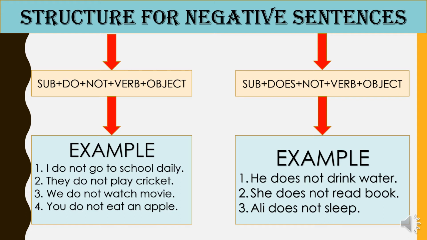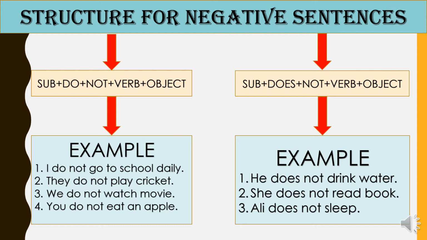So the structure is subject plus do not plus verb plus object, and the examples given here are: I do not go to school daily, they do not play cricket, we do not watch movie, and you do not eat an apple. Same. The examples are: he does not drink water, she does not read book, and Ali does not sleep.